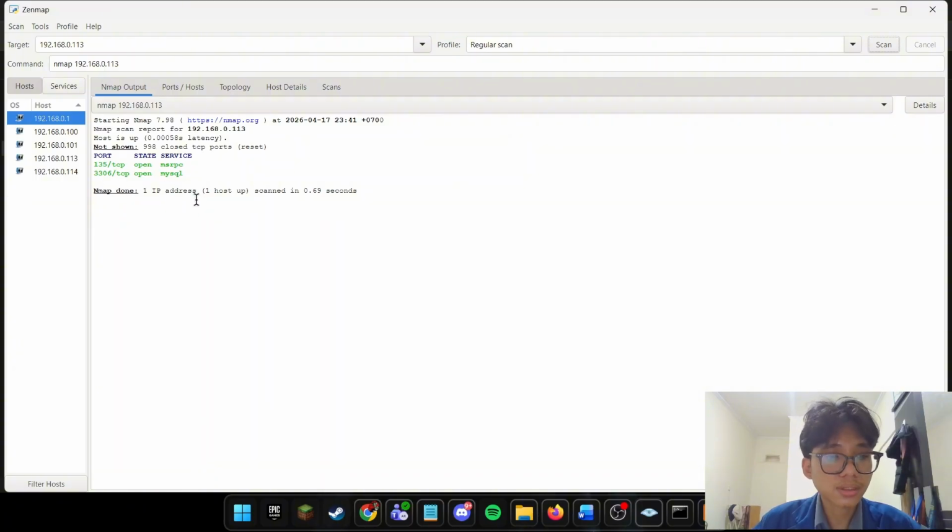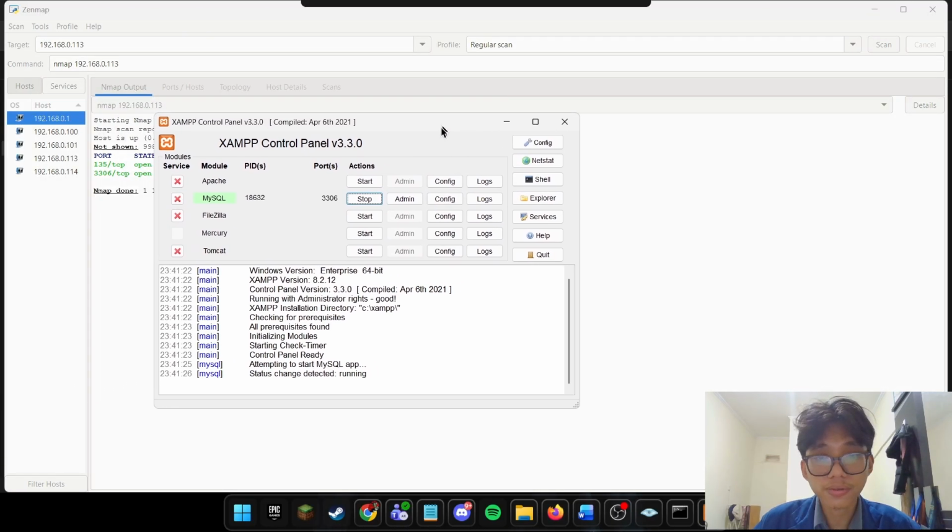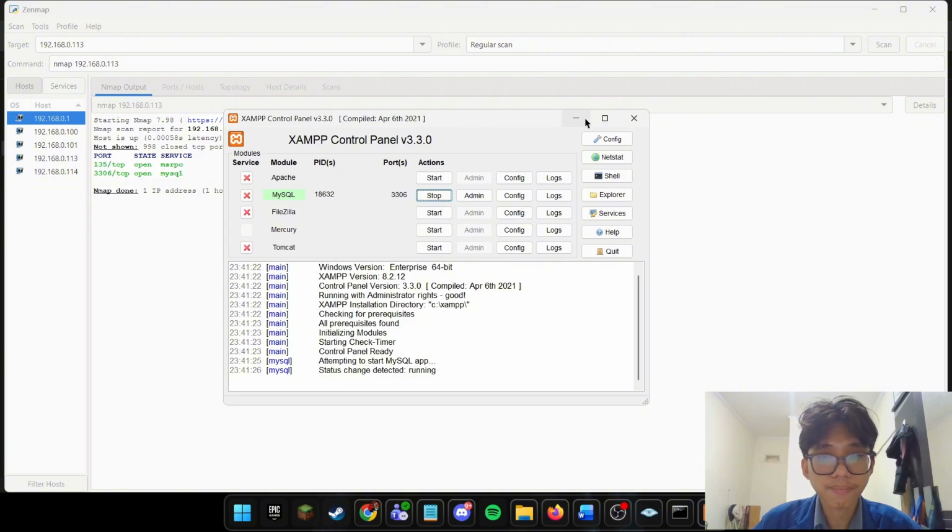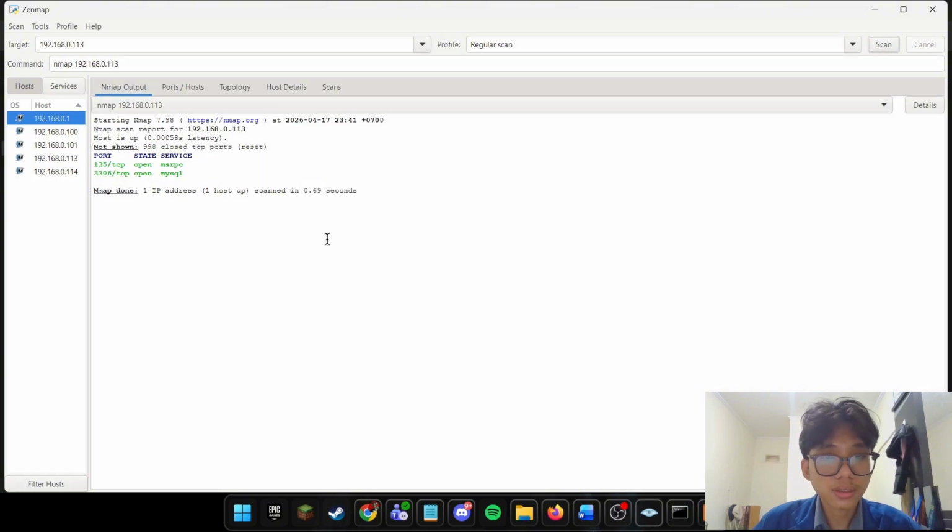This port appears open because I activated the MySQL service using XAMPP. This is an important observation because it shows that any active service will automatically expose its port to the network. From a security perspective, this means every active service increases the attack surface.